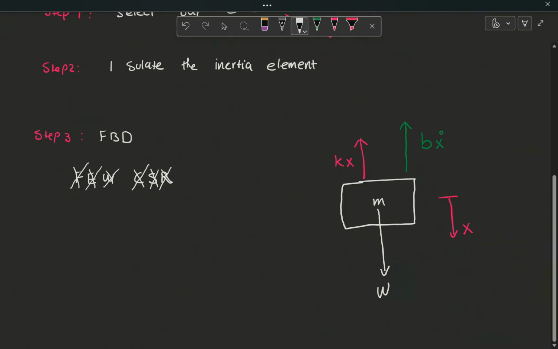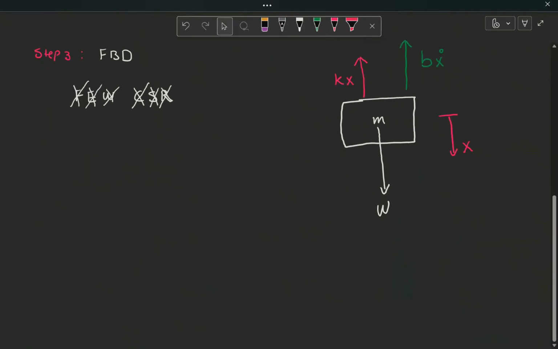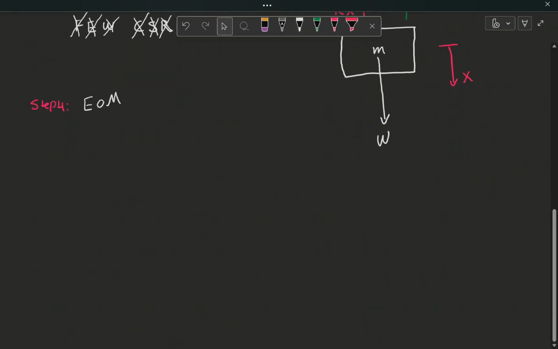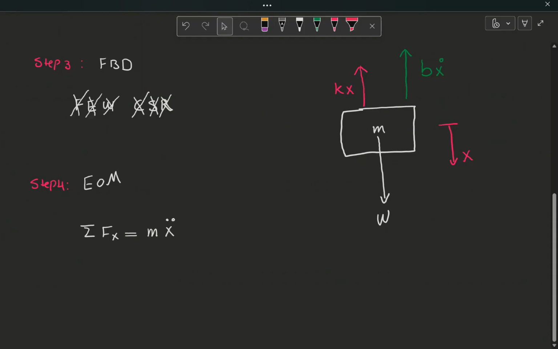The free body diagram is complete. At this point, you can safely navigate towards step 4, which is the equation of motion. Okay. For the equation of motion, we're going to write down Newton's second law along the x direction. Look at your free body diagram. How many forces do you see?